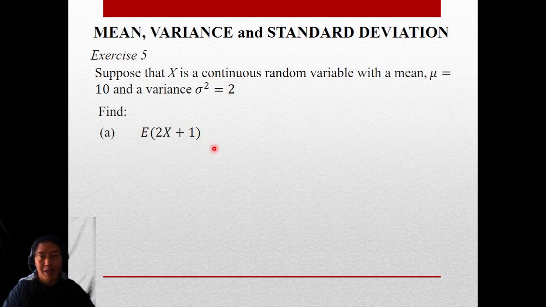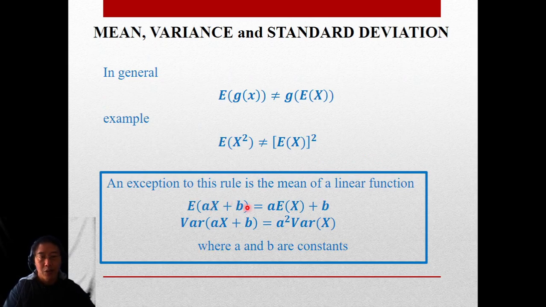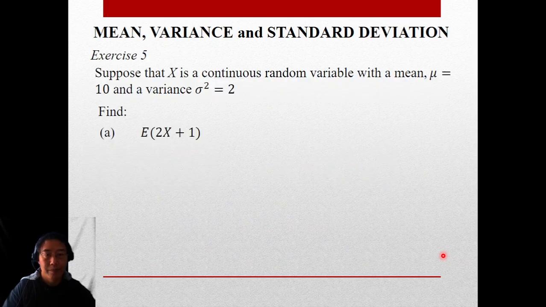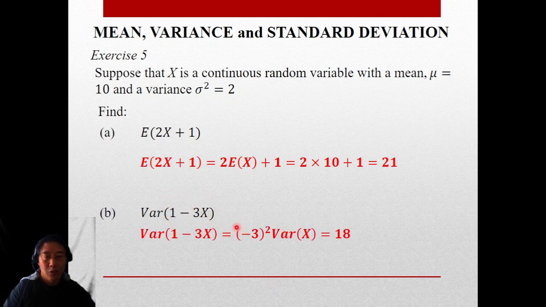We can determine the expected value using, if I go back to some previous slides, those relations or rules that we're going to use to determine the expected value and the variance after the linear function. All right, so we apply that. We do the same with the variance, so it's a new linear function. So what matters is the scale factor, which we apply here.